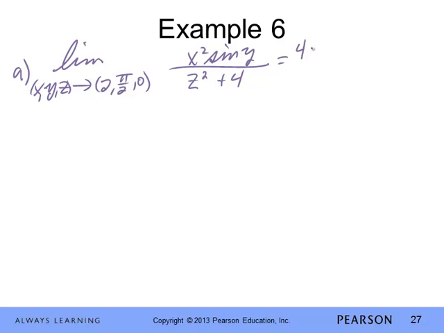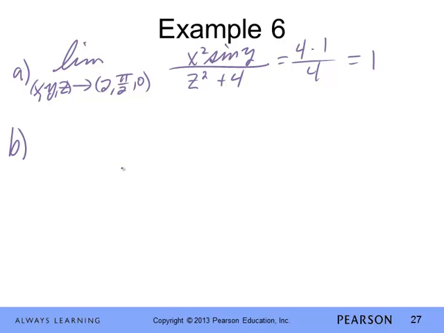What is the sine of pi over 2? It's 1, right? And then z squared plus 4 is 0 squared plus 4, that's 4. And so the value of that 3 variable function at that point is 1. Like I said, rational functions are continuous everywhere as long as the denominator is not equal to 0.